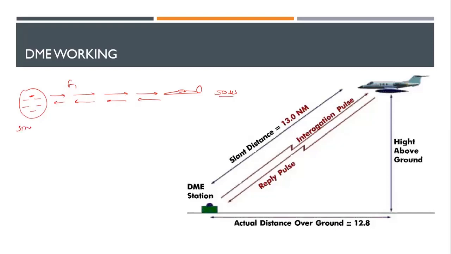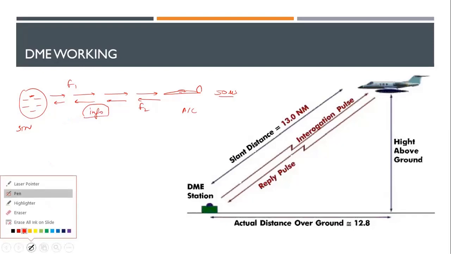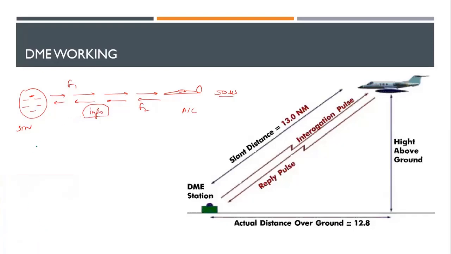This is the station. This is the aircraft, right? This will be a frequency number 2. Frequency number 2 will also be sent with pulses. Pulses will have information. Information can be anything depending on the mode. Okay. Now, if you go back to the class, I also told you something else. The station in this whole system is known as the interrogator, right?